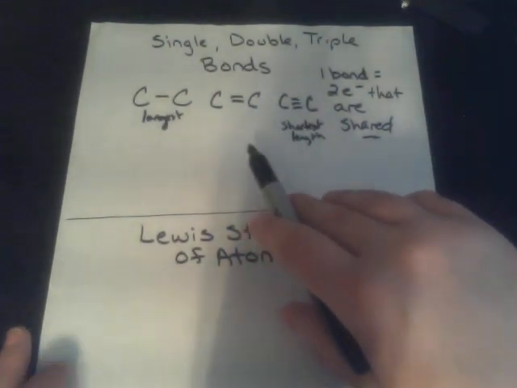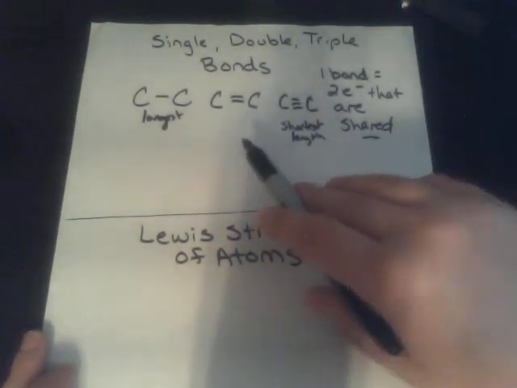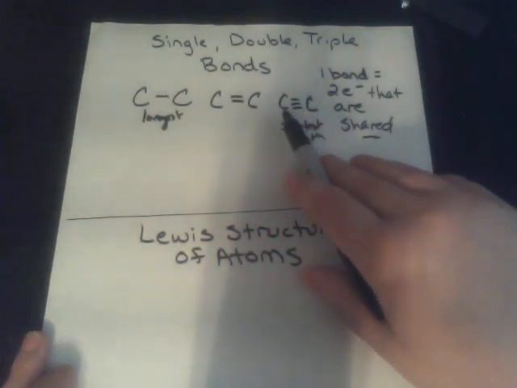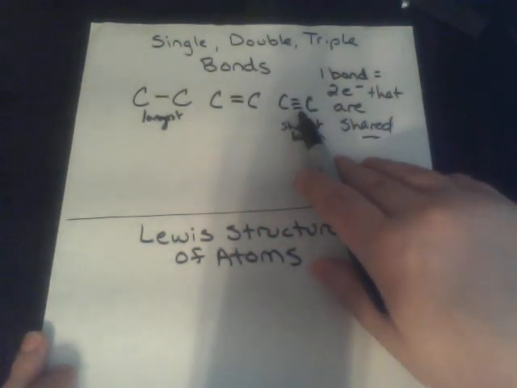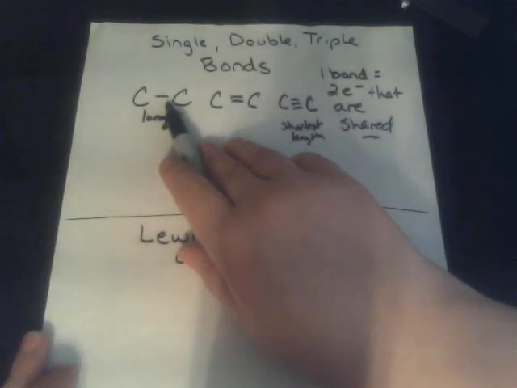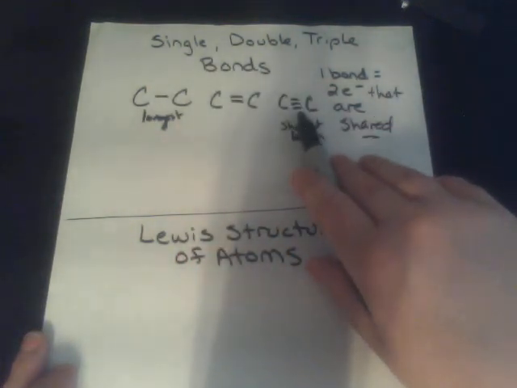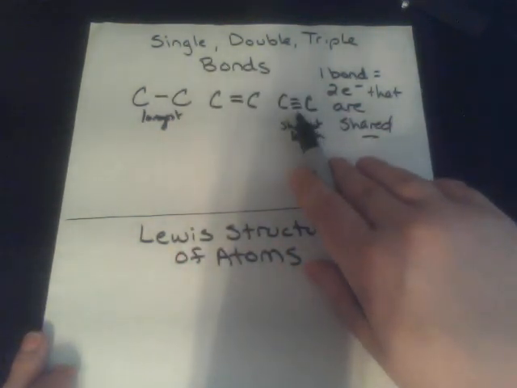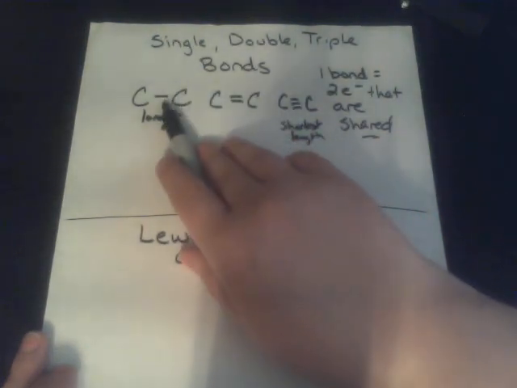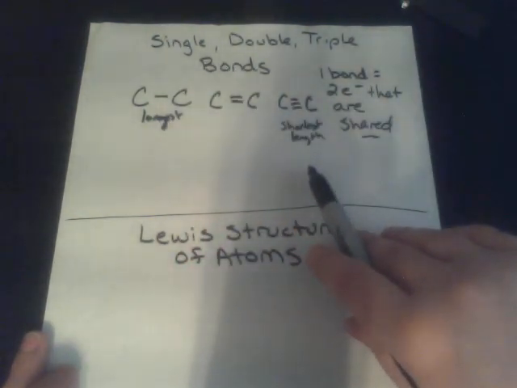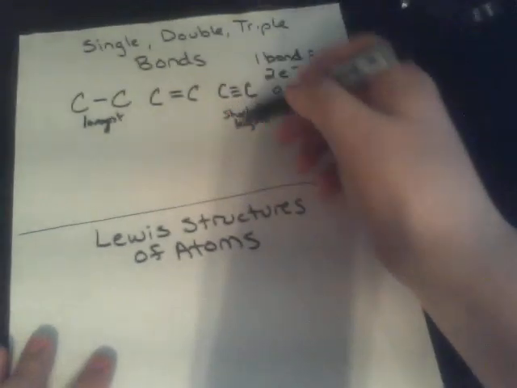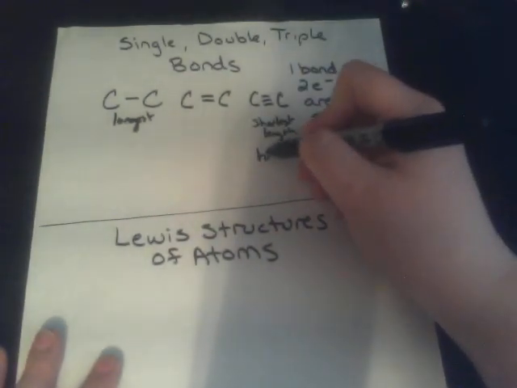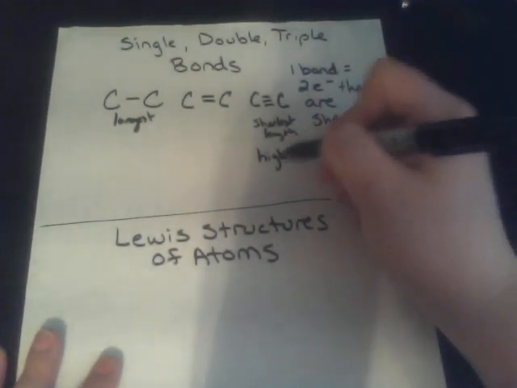Then we're going to talk about how hard it is to break these. Do you think it'd be easier to break 3 bonds or 1 bond? So it'd be easier to break this. So this has the highest bond energy. This has the lowest. So that's the trend there.